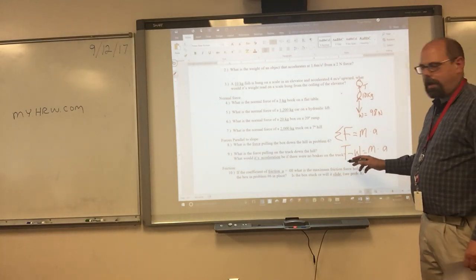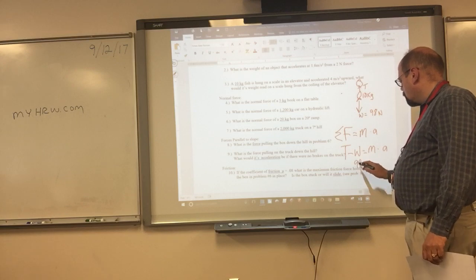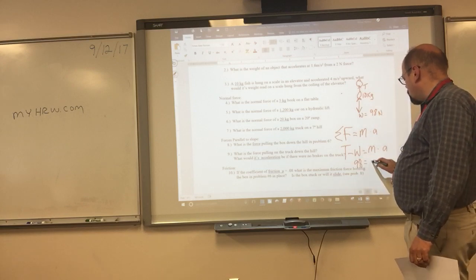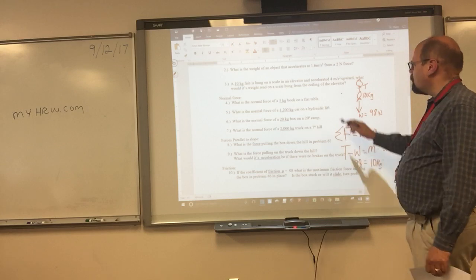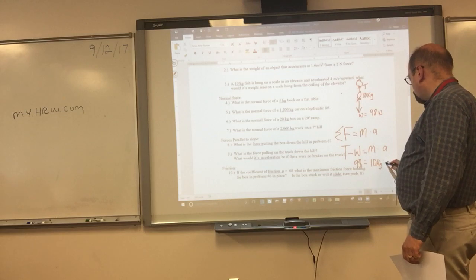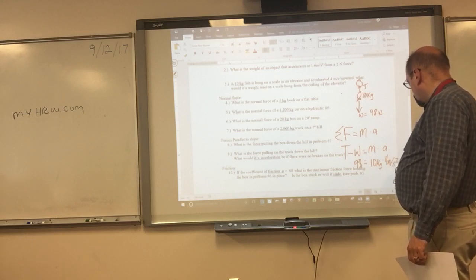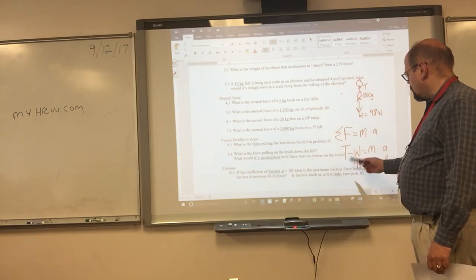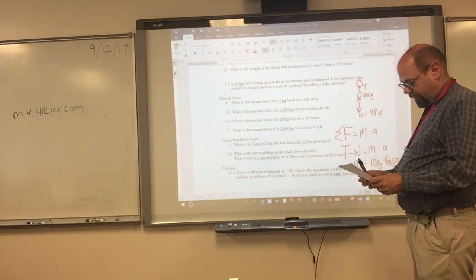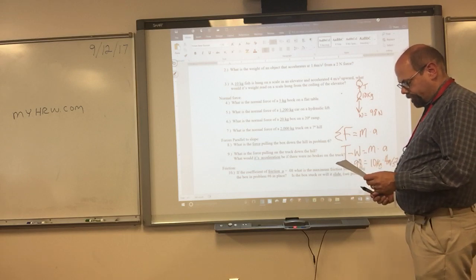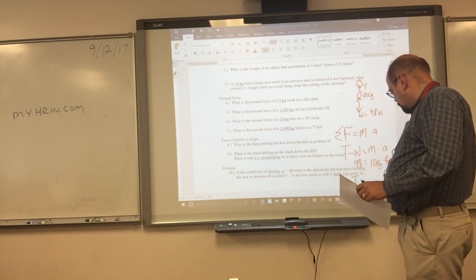Tension is what is going to be read here by the scale. The weight I've already calculated is 98. And that's going to equal the mass that is now accelerating, 10 kilogram mass, and that's going to take it times the acceleration, which is 4 meters per second squared. All right. So the tension is just going to be all these added up. When I work that through for the fish, it's going to be tension.